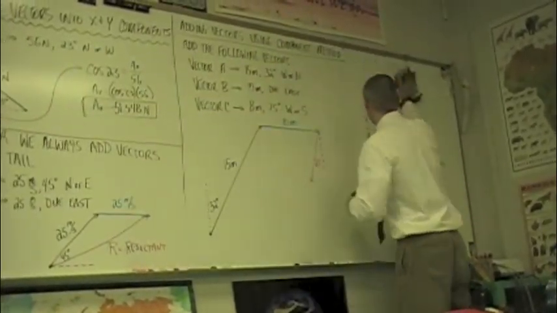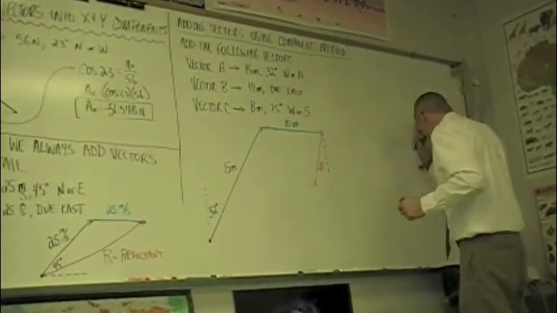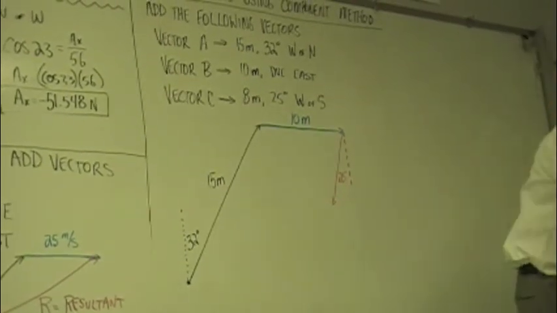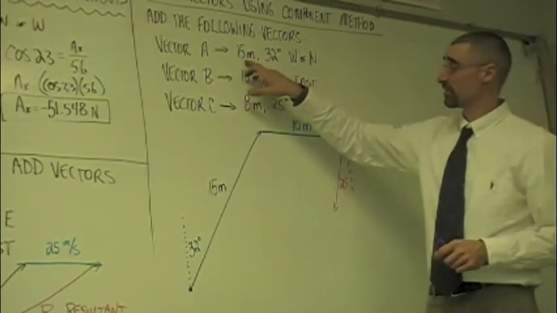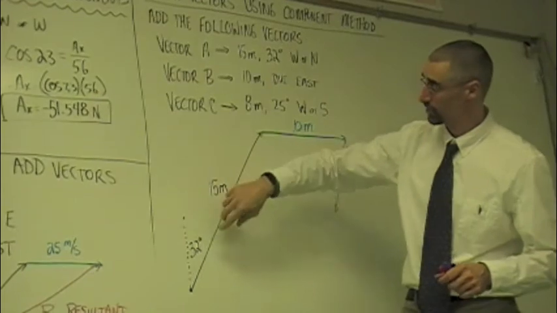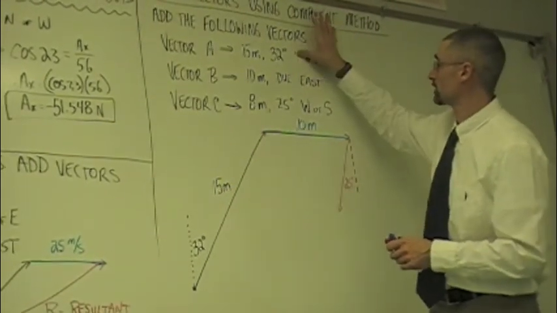If you look at this next part, we have three vectors that we're trying to add together. Vector A is 15 meters, so I've drawn it pretty much to scale. It's 32 degrees. Should say east. You know what? We've got to go east of north.